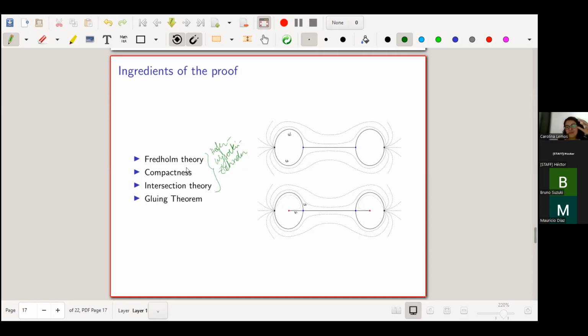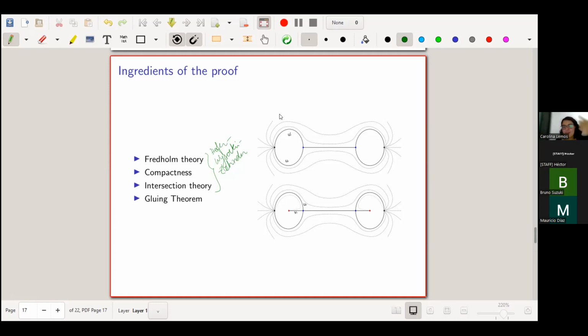Basically, if you include some broken curves that are not exactly pseudo-holomorphic curves but are, let's say, unions of pseudo-holomorphic curves, these families are compact. So we know how they break. You know that they are manifolds, and you can describe the boundary of these manifolds. And we also have a very nice intersection theory, and these three are the main ingredients of the proof.